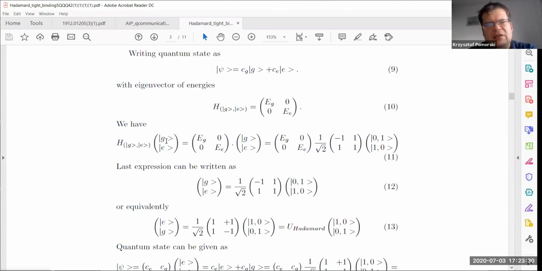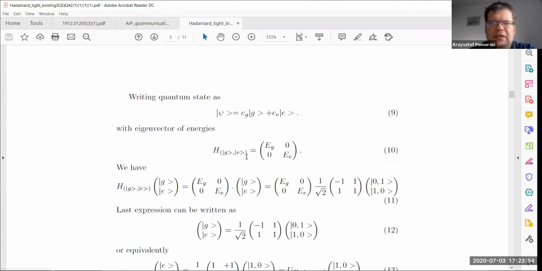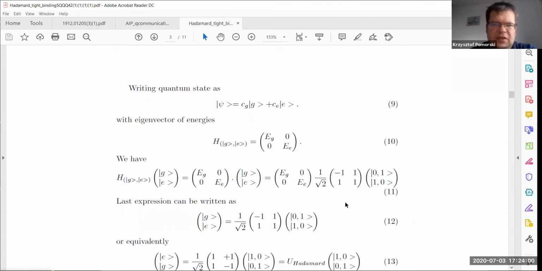This is the Hamiltonian acting on the ground and excited state, expressed in such a way, and then we are changing the basis with the use of our previous results that were given here. So you will see that this is exactly the Hadamard matrix that is encoded in such a representation.